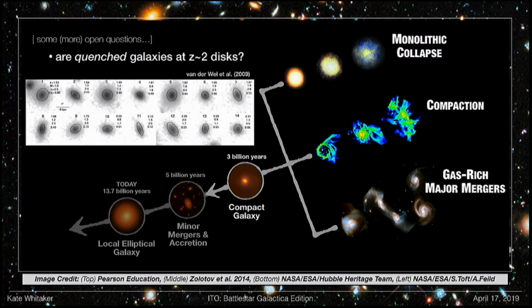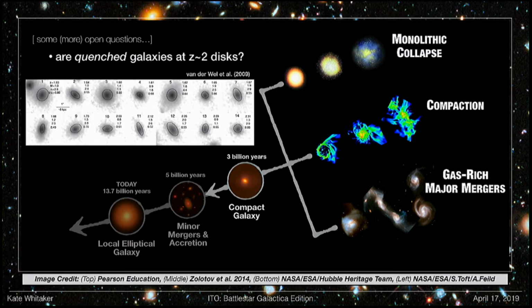This is one of the papers that came to mind, work led by Arjen van der Wel. Here, the third one down is Sérsic index, and you start to see, in terms of these parameterizations of the light profiles, things that are close to exponential, somewhere between exponential and something like a lenticular. And so this is tentative evidence.